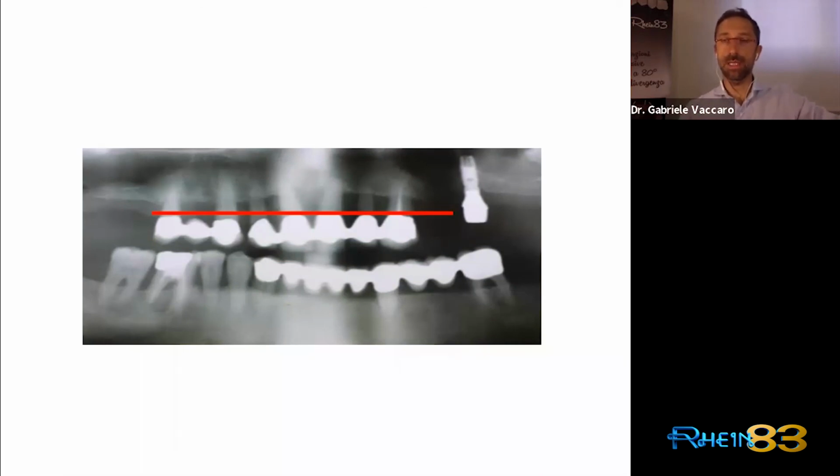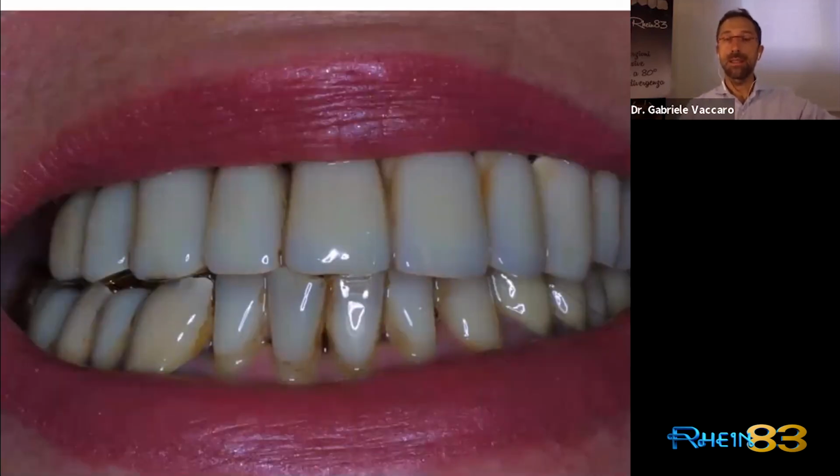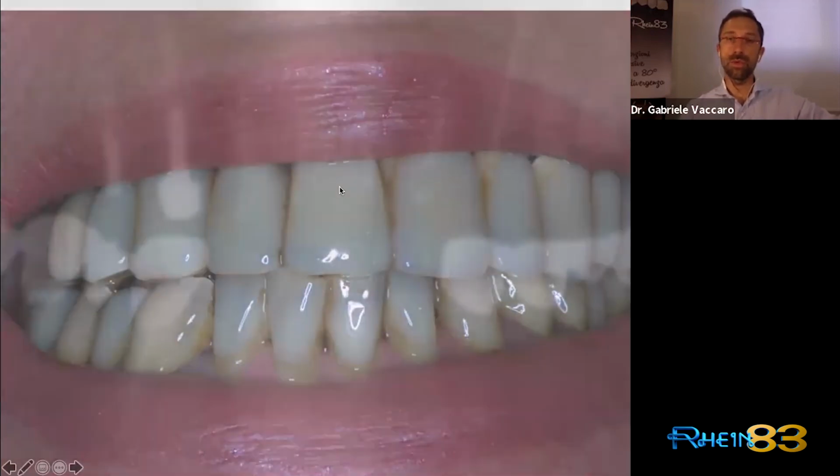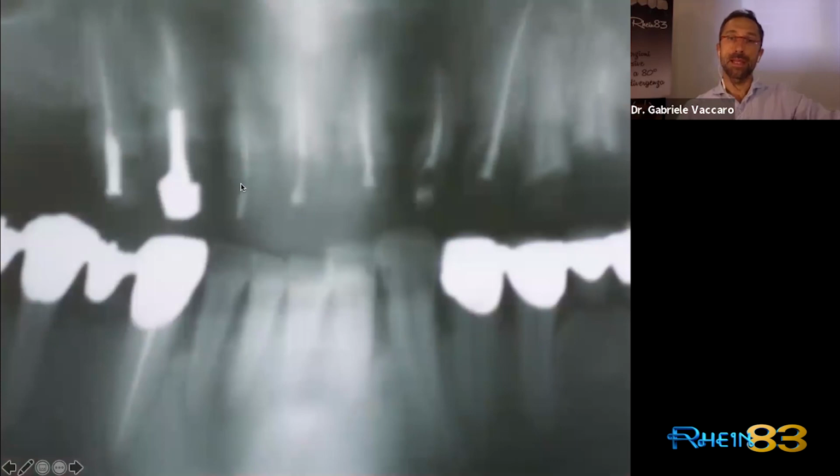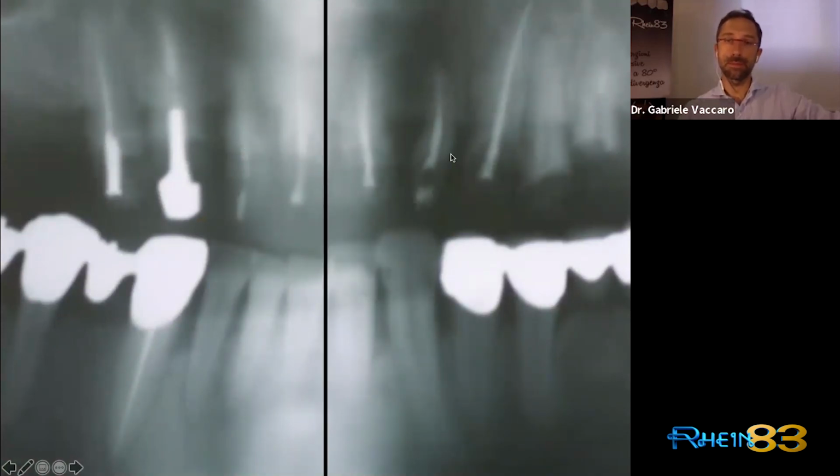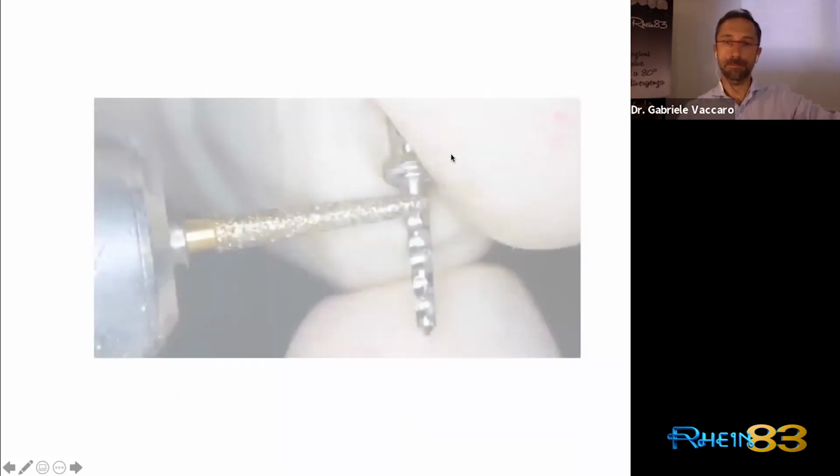But first of all, in the same seat, we wanted to allow the patient to get out with her teeth. So this was the big bridge cemented on the root. The plan was to cut all the crowns at the gum level. This is the midline.